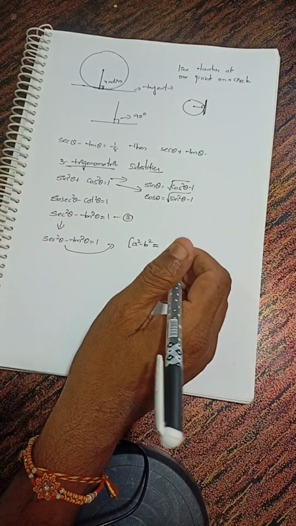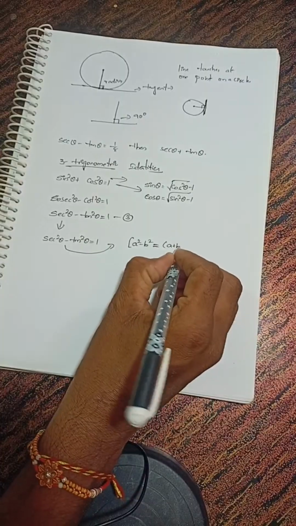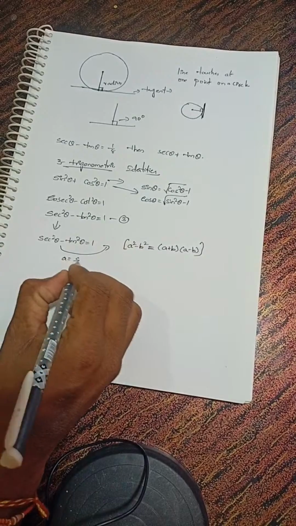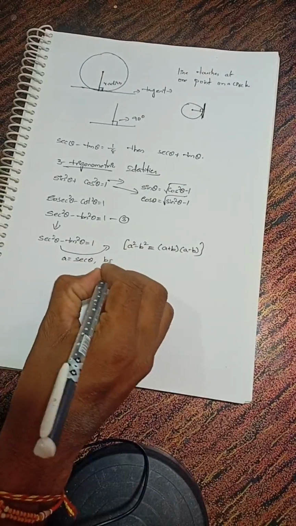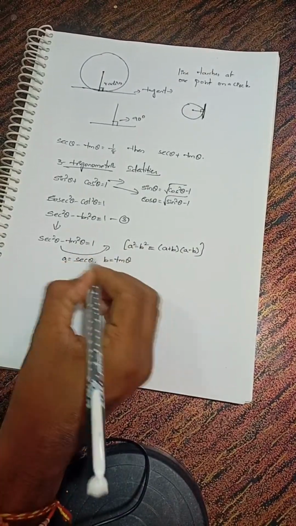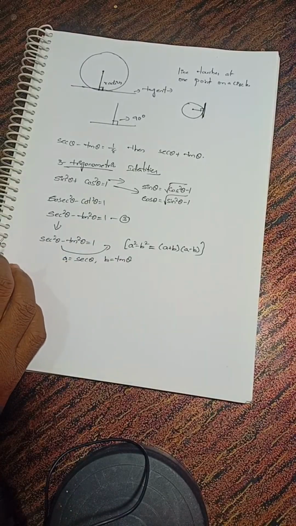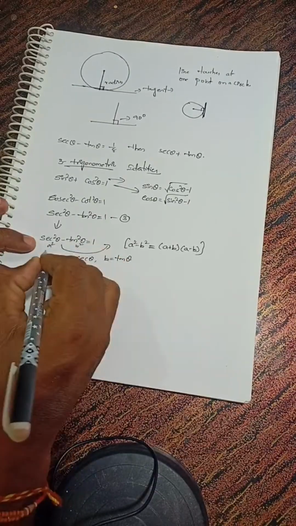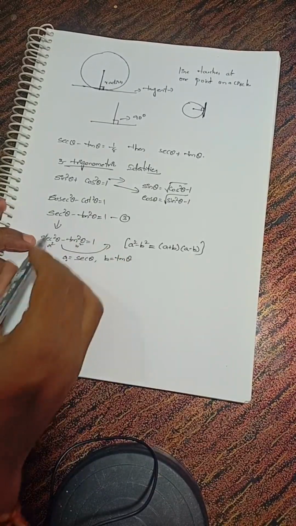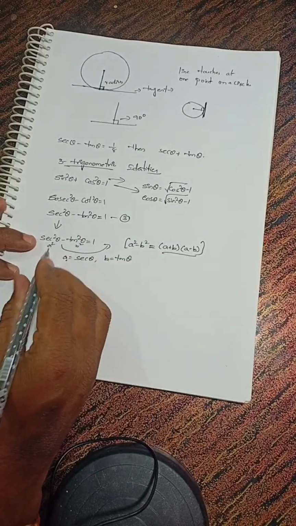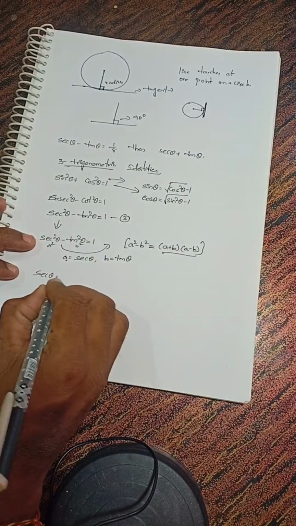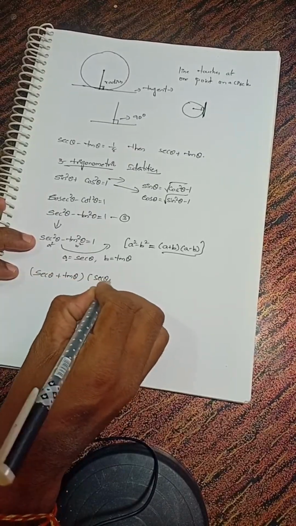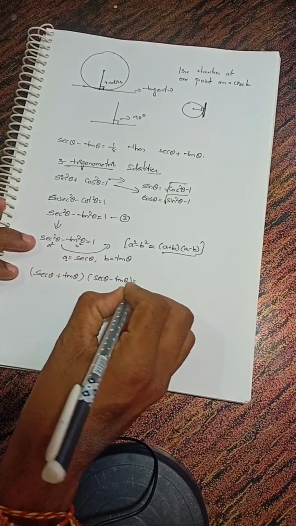So algebraic identities, a plus b into a minus b formula lo undi. Here we are taking a value as secant theta, b value as tan theta, because this is in the form of a square minus b square. So we write it in the form of a plus b into a minus b, that is, secant theta plus tan theta, into secant theta minus tan theta is equal to 1.